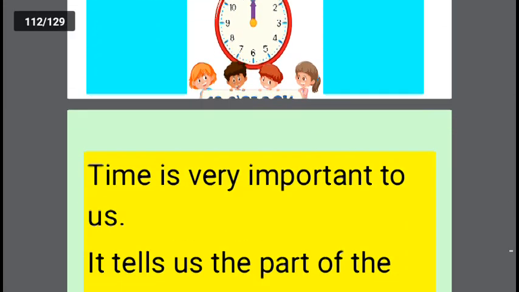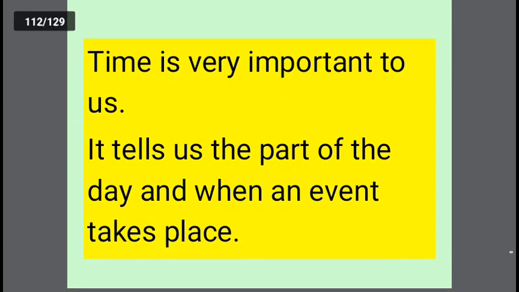Let's start learning. Time is very important to us. It tells us the part of the day, whether we are in the morning, afternoon, evening, or night. It is time that will tell us.